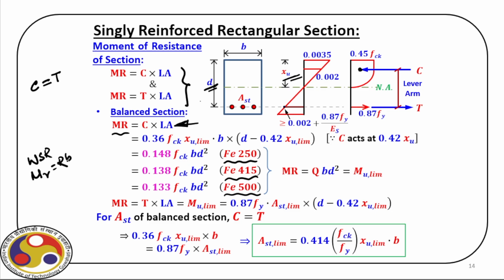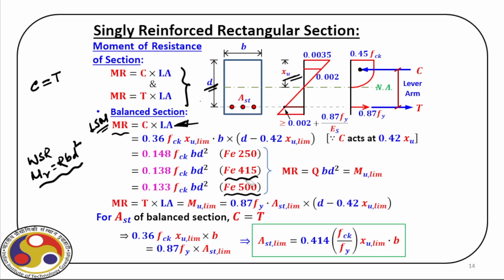R times bd square, right? We have developed a similar expression here in case of limit state method. Now for different grades of steel, we have this value varying. So first it is 0.148 for Fe250 steel, then 0.138 for Fe415, and then for Fe500 we have 0.133.